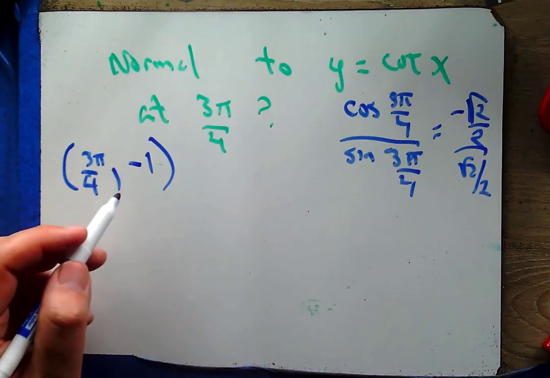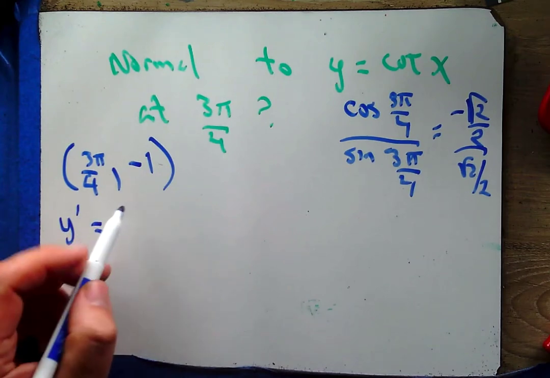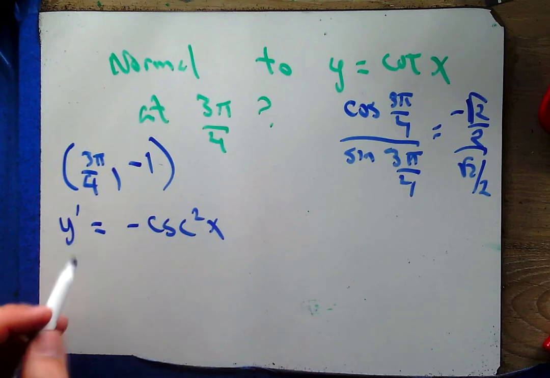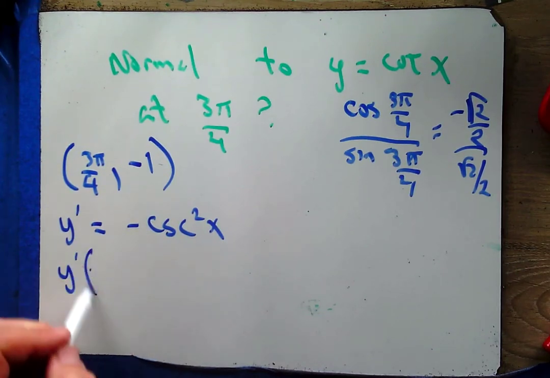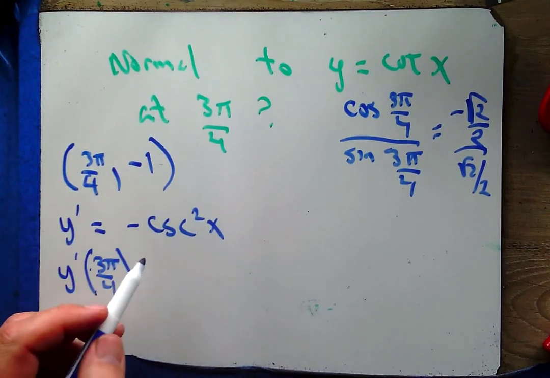Now, what about the derivative? Well, we know that the derivative of cotangent is negative cosecant squared, and I want y prime of 3 pi over 4. I need the slope at that point.